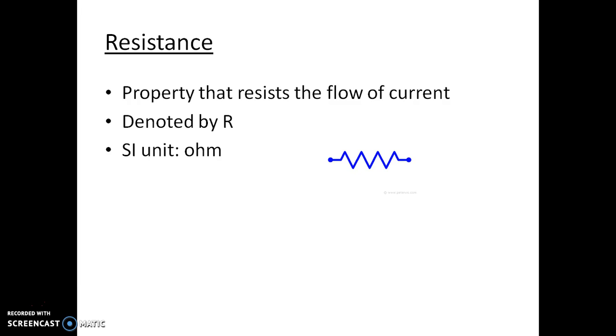So from Ohm's law we can say that if the resistance of the conductor increases, current decreases, and when the resistance of the conductor decreases, current increases. We can also conclude that resistance is inversely proportional to the current flowing through the conductor.